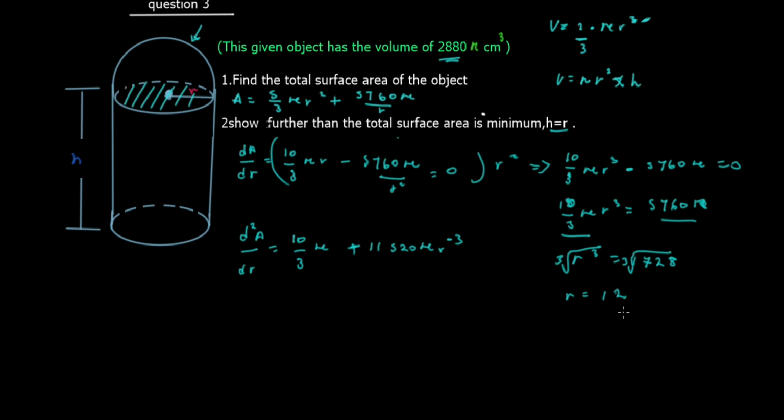Now let's substitute this to prove that the area is at minimum. We can say 10/3 pi plus 11520 pi multiplied by 12.